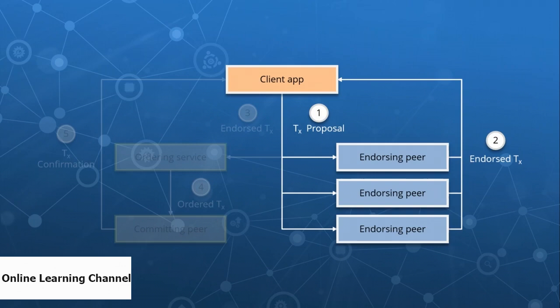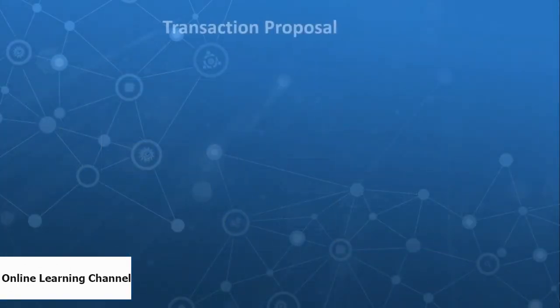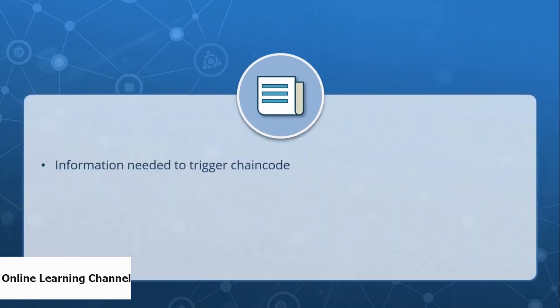We can now zoom in on the first phase of this execution process, which is the sending of the transaction proposal from the client app over to the endorsing peers. So what exactly is the information within this transaction proposal? As I mentioned earlier, this contains all the information which is required in order to execute a transaction. Since the code of a transaction will lie within a smart contract, this proposal will need to reference the contract from which the code needs to be executed.